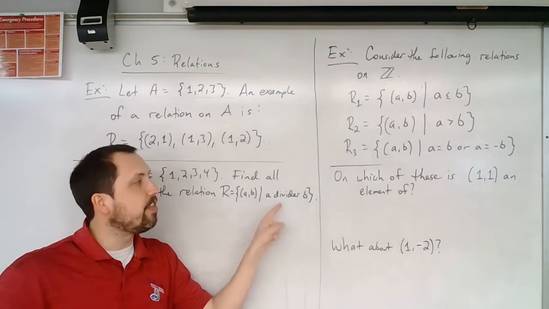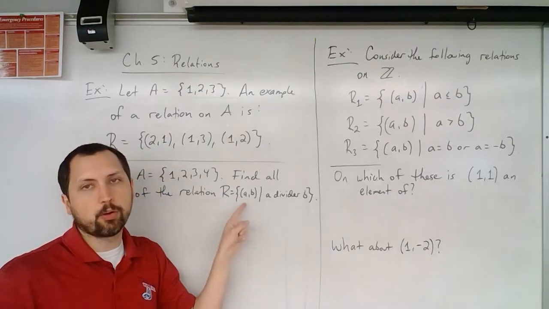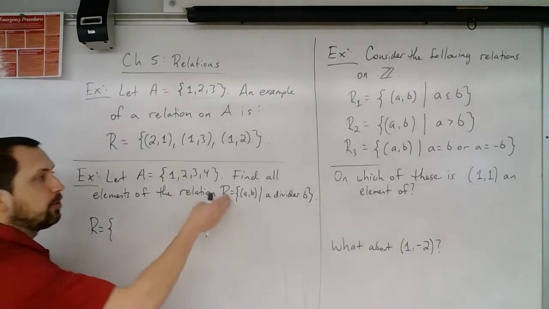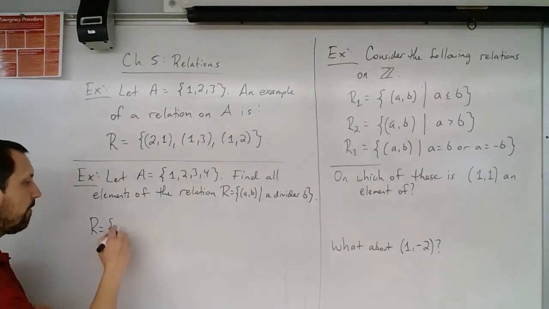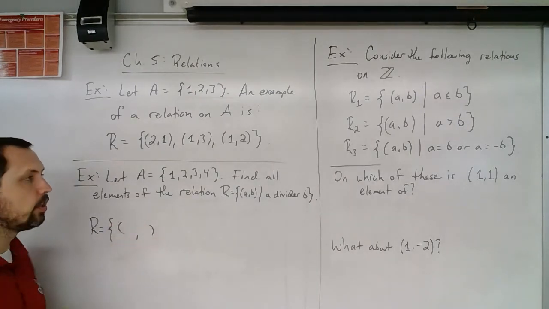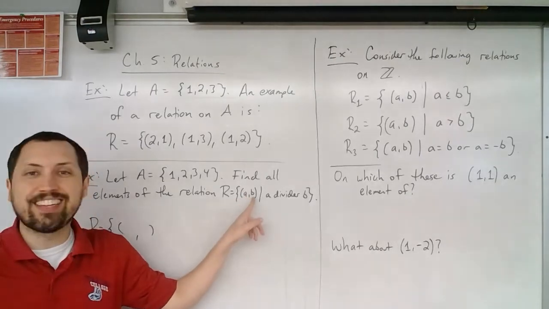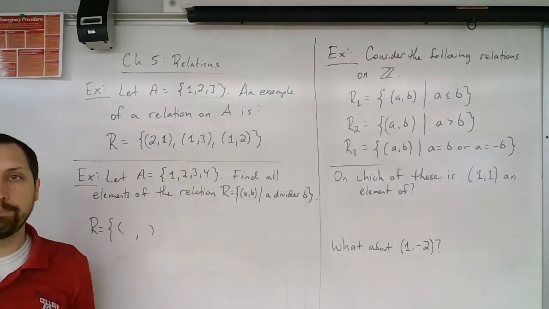So we're saying this describes some property that all of these elements are going to have. So for the relation on this, we have to come up with a set of ordered pairs where the first number divides the next number, and we're just looking at the set containing 1, 2, 3, 4.